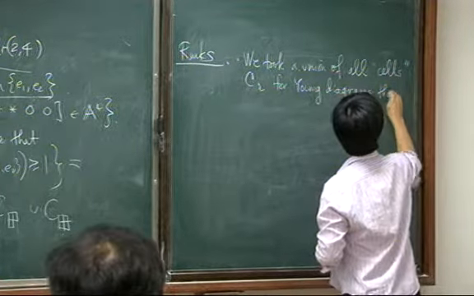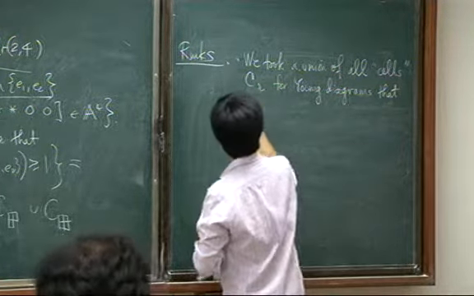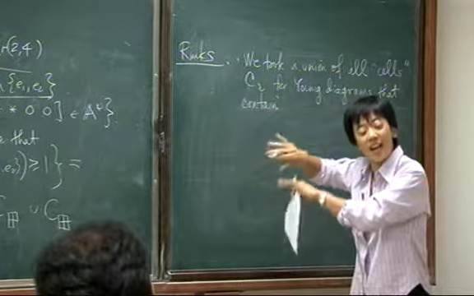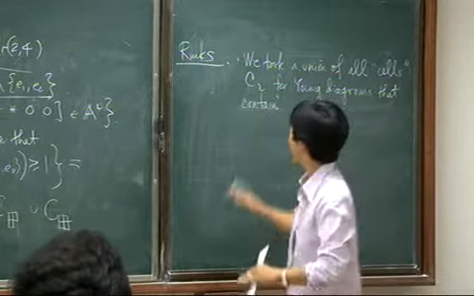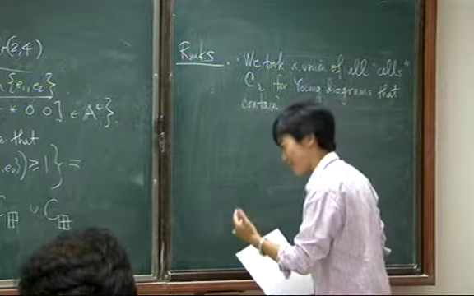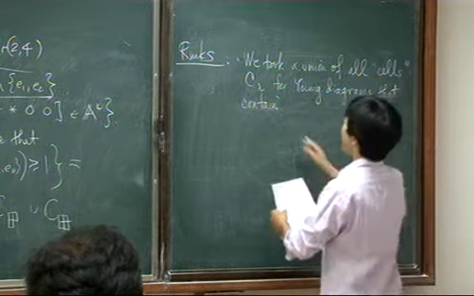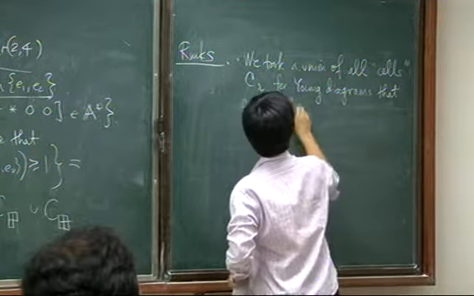So we took a union over all of these C for some Young diagrams, those Young diagrams that contain, which is to say, if I just take off some boxes, then I will have the Young diagram I start with, so that contain the smallest Young diagram.